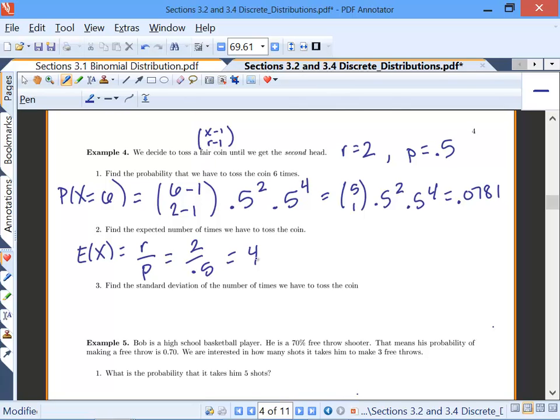So next step, find the standard deviation of the number of times we have to toss the coin. We don't have a formula for standard deviation, but we do have a formula for variance.